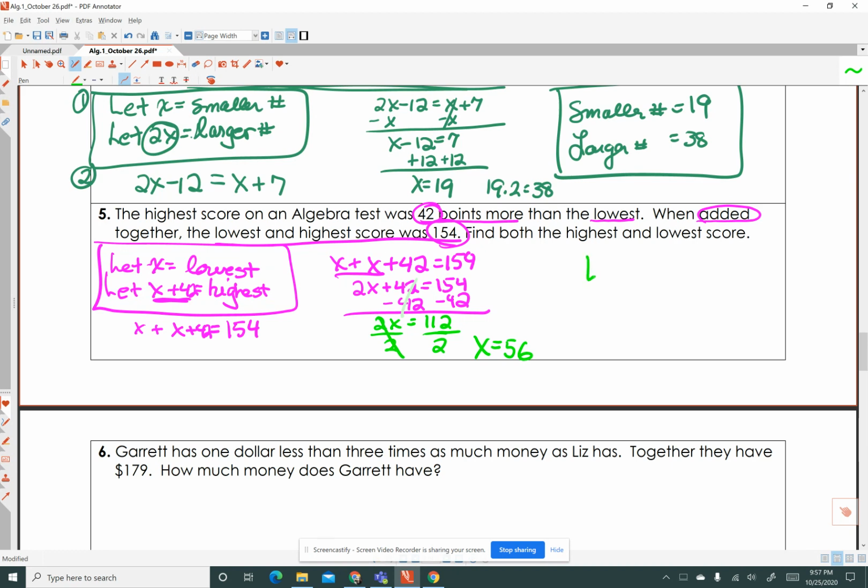So the lower score is 56, and the highest score is 98, because 56 plus 42 equals 98.